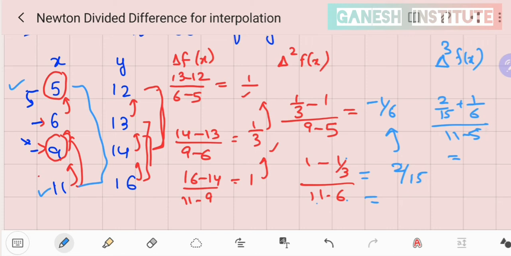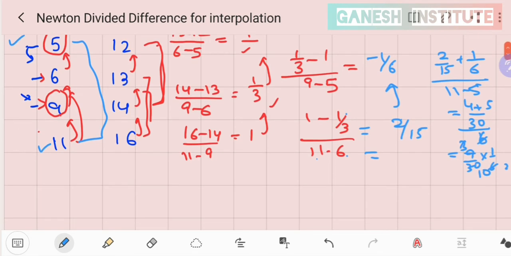So what it has become, 6 and 15 LCM is 30, 15 2s are 30, 2 4s are 8, plus 6 5s now, 11 minus 5 is 6, of course, so this is 6. Now 9 by 30 into 1 by 6, 3 6s are 18, 3 tens are 30, so it has become 1 by 20, right? So let me write down directly 1 by 20 over here, okay?